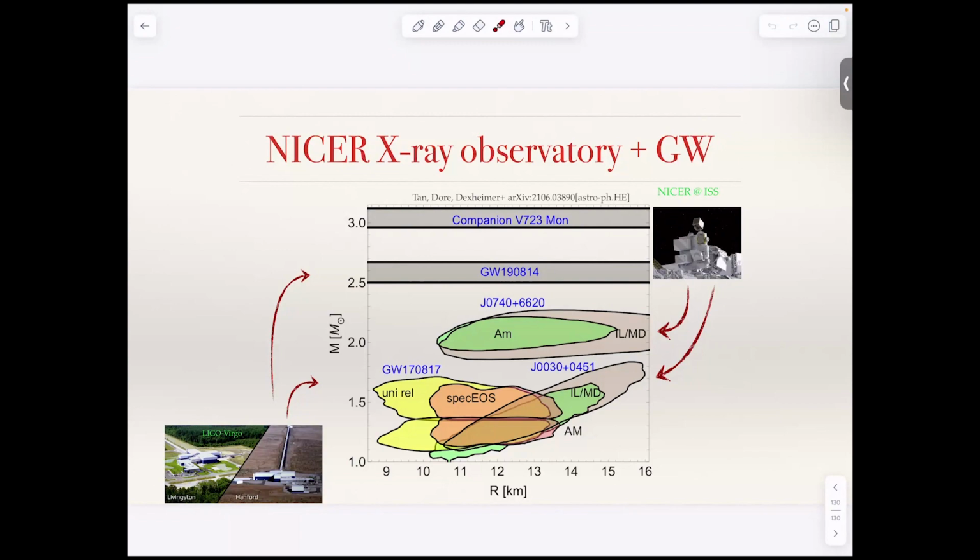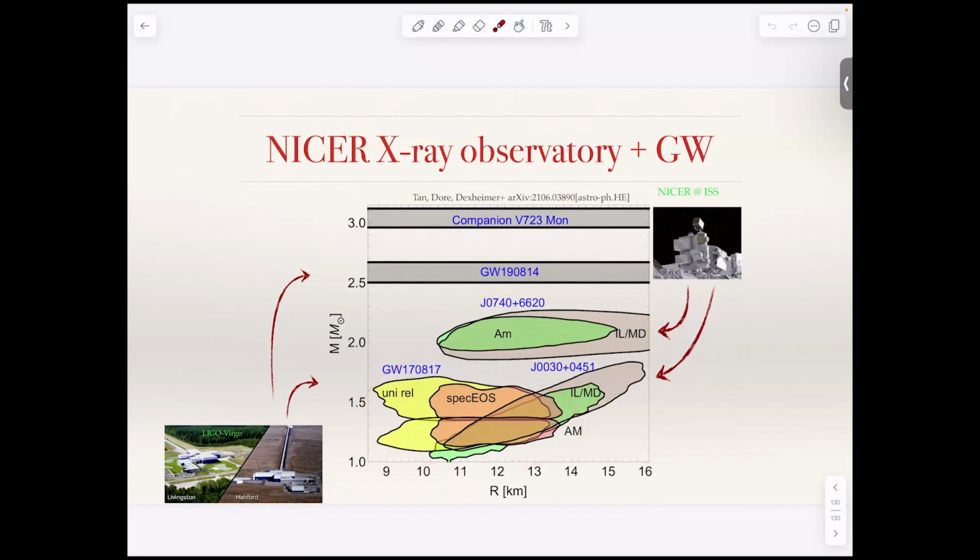So for this reason, I guess that it will be pretty hard in the future to reduce the uncertainty from NICER. But in the future, most probably the uncertainty that we have from the gravitational waves is essentially driven by the statistical uncertainty in the measurement.